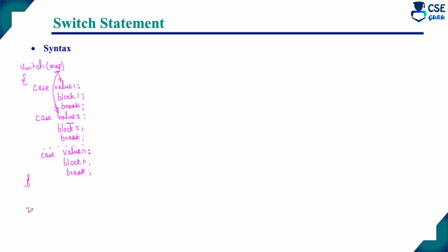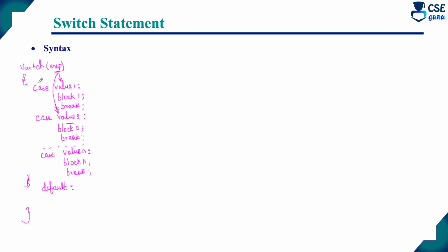And then suppose these are all the case alternatives. Suppose it does not match with any of these case alternatives, automatically it will go to the default block. Here there is no need to check any alternative. This expression will not be evaluated with the default alternative. Default is a keyword.